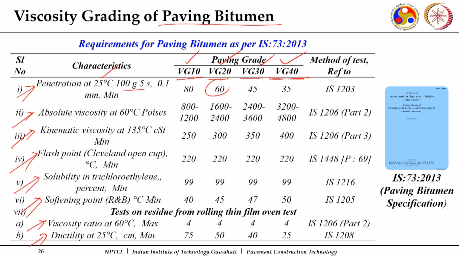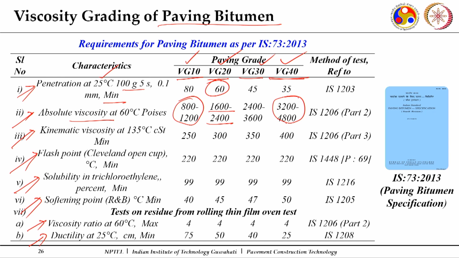For say VG20, it says the minimum value of penetration should be 60. Similarly, absolute viscosity should be in the range of 1600 to 2400, and as I mentioned, these are harder grades. So, the viscosity requirement of VG10 is 800 to 1200, and that of VG40 is 3200 to 4800 poise.